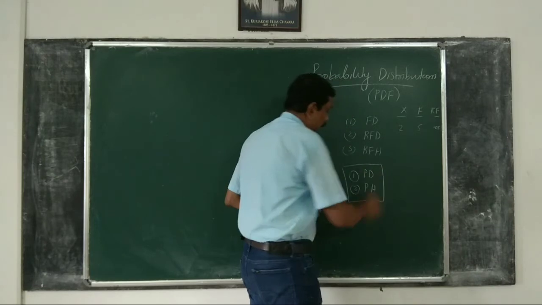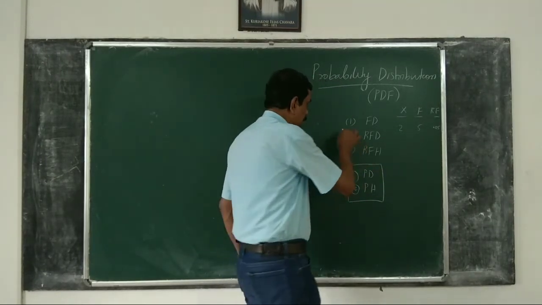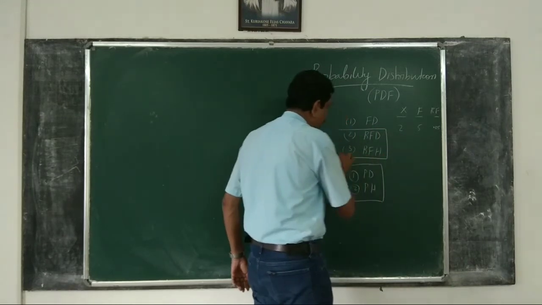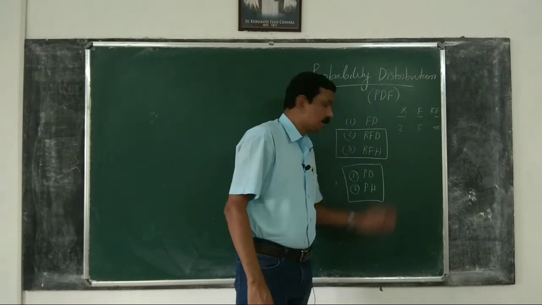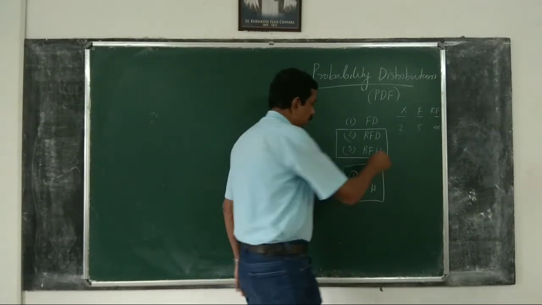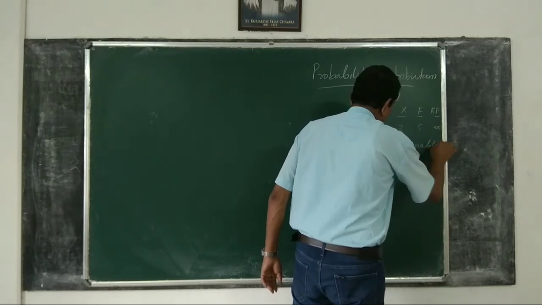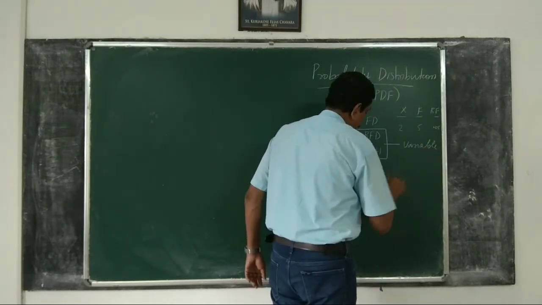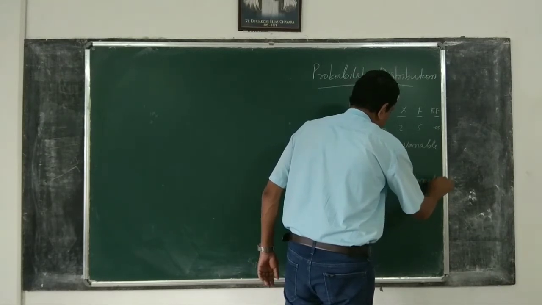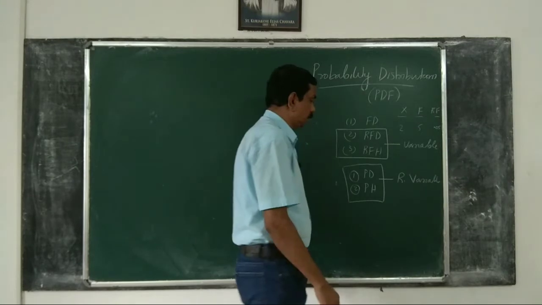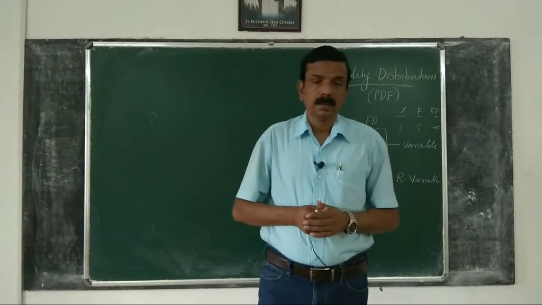So, probability distribution and probability histogram are analogous to relative frequency distribution and relative frequency histogram. Those are defined for a variable; these are defined for a random variable.